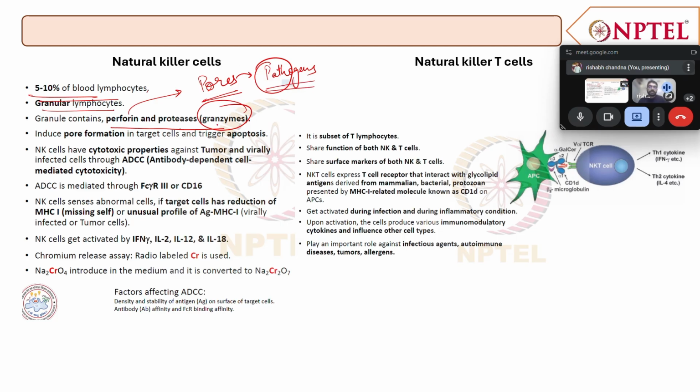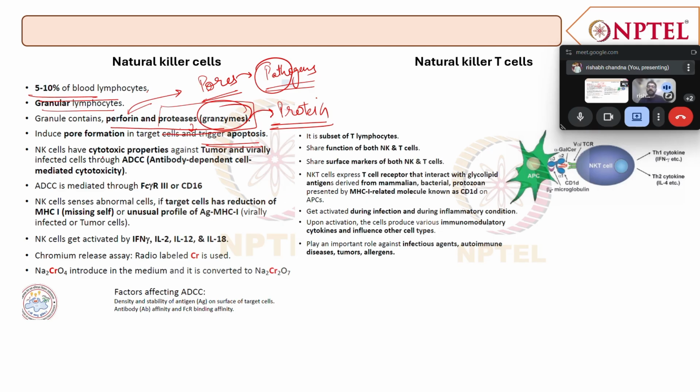And these proteases or granzymes basically help in degrading the protein part of the cell membrane or the cell wall of the pathogens. They induce pore formation in target cells and trigger apoptosis. So perforin creates pores and proteases trigger apoptosis.